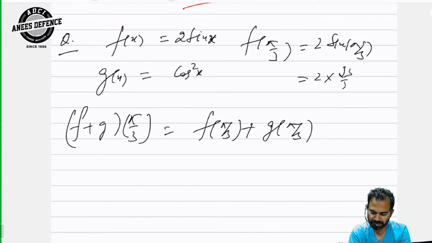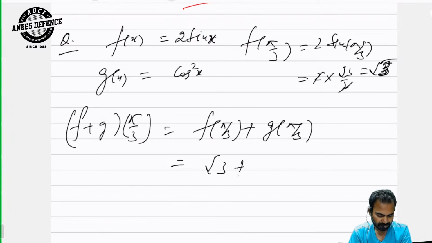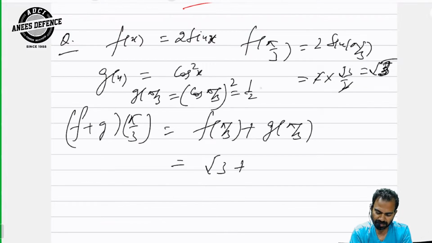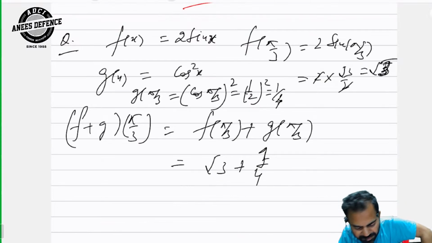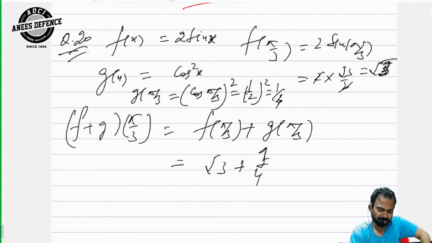Sine pi by 3 is root 3 by 2. So it's root 3. Any problem? Now g of pi by 3 is cos pi by 3 whole square. Cos pi by 3 is 1 by 2, its square is 1 by 4. So I'll put here 1 by 4. Okay, answer is root 3 plus 1 by 4. C is the correct option. Any problem? This is the last question of functions.